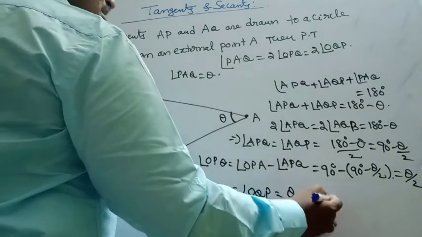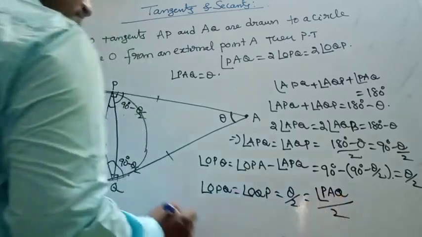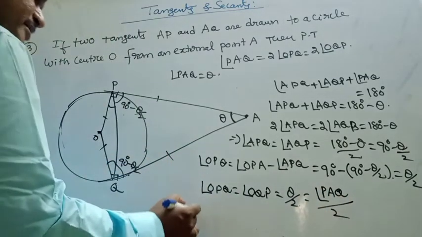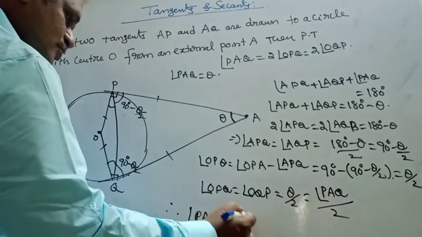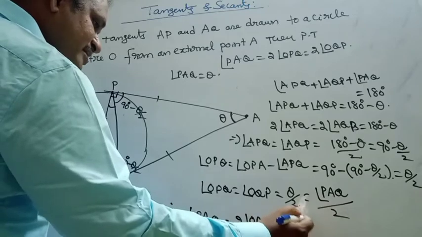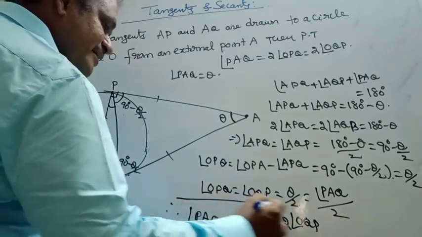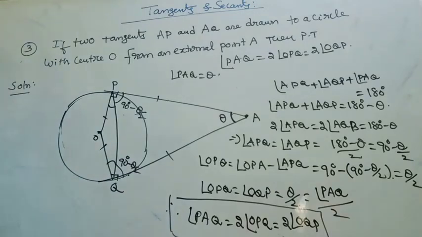That means you have got this as angle PAQ by 2. Therefore angle PAQ is equal to, if you multiply this, 2 times angle OPQ, that is equal to 2 times angle OQP. Wonderfully you have got the problem like this, right? Wonderful, right?